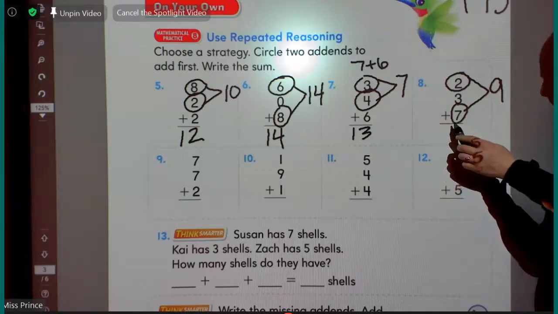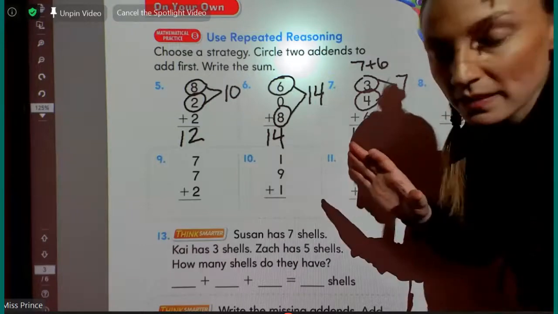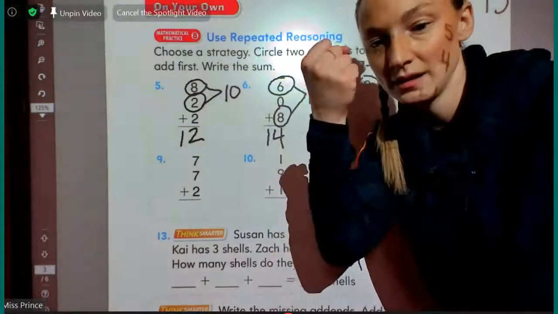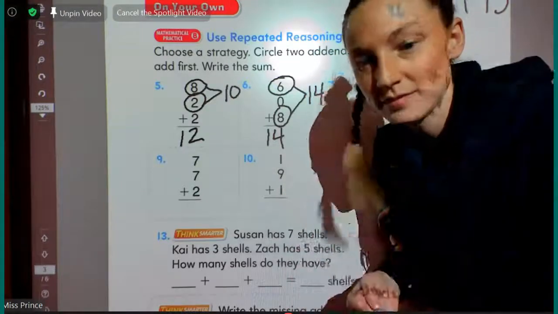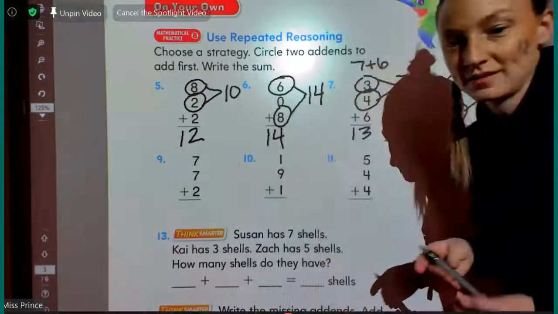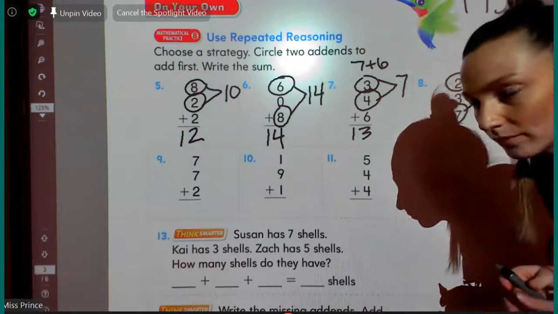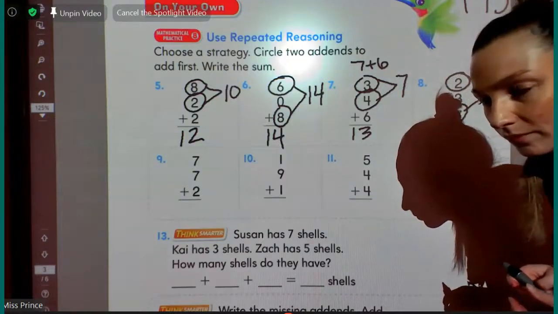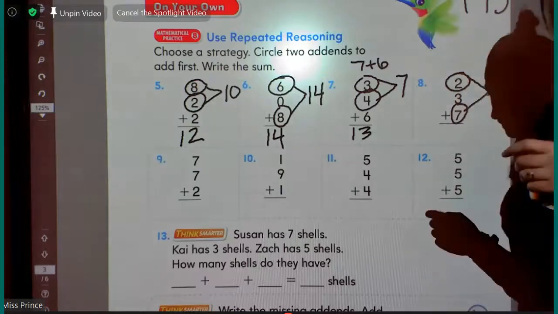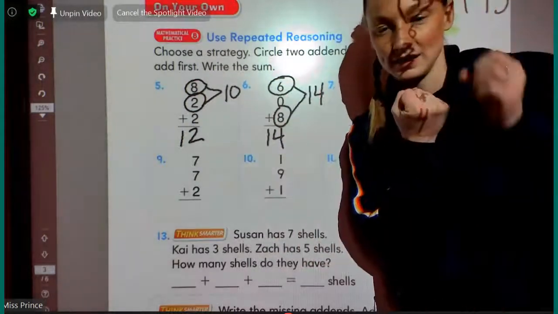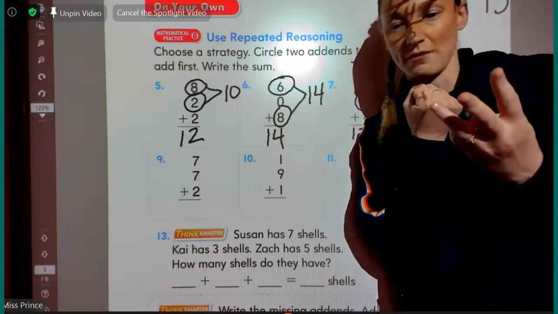I want you to scoop it like this. Ready? 9, 10, 11. What'd you get? 12. So you go 9, 10, 11, 12.